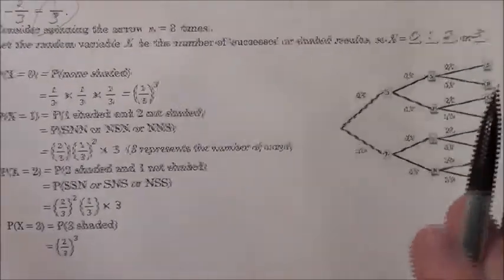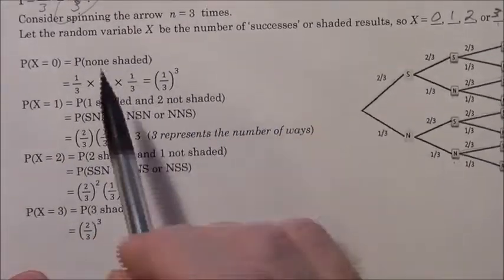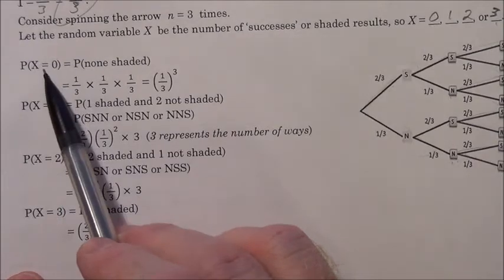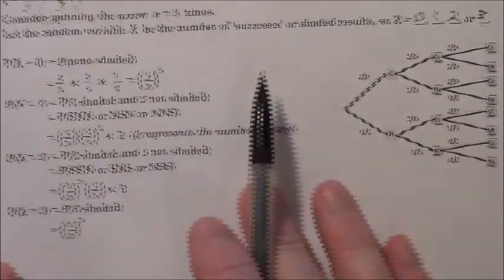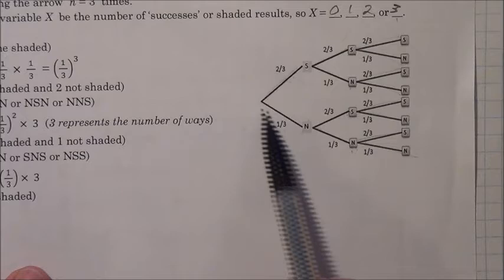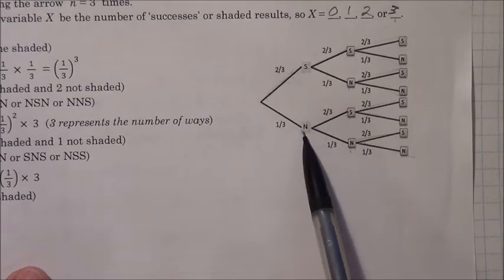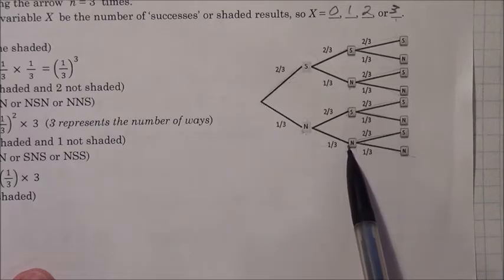So there's still 2 probabilities from each of those outcomes, shaded or non-shaded. So if we're going to look at x equals 0, so the arrow in those 3 spins does not land on a shaded section at all, we'd follow this branch here. So 1/3 is the probability that it lands on a non-shaded section. The next spin, it lands again on a non-shaded section.